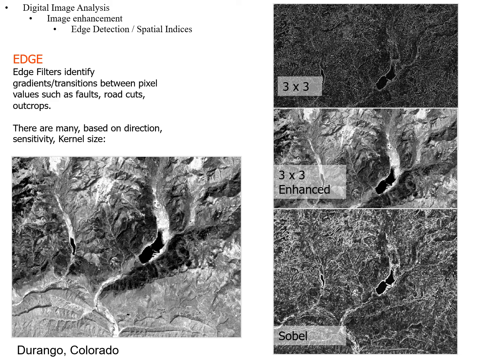So on the left, there's your original image. On the right, there's a 3x3 edge detector, simple edge detector. And then a 3x3 enhanced detection. And then at the bottom, you have the Spatial, which is sort of one of the most popular ones to go for.